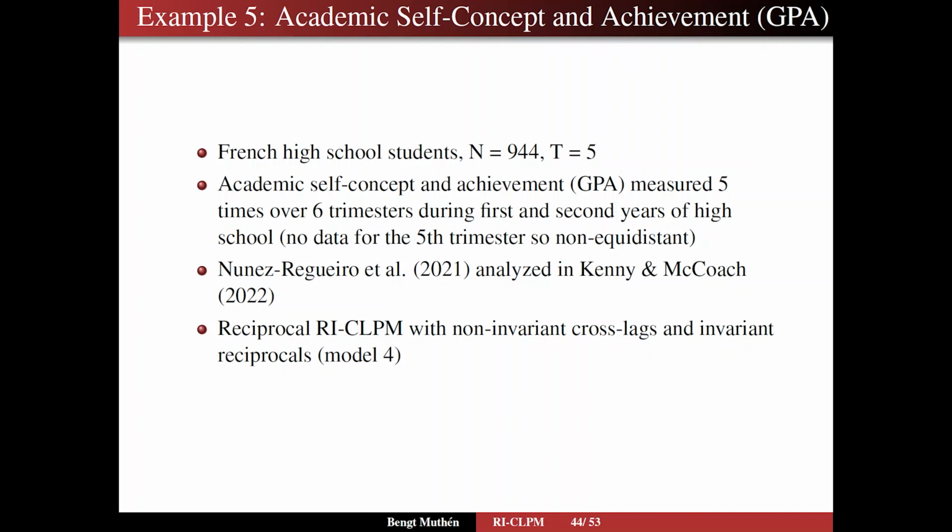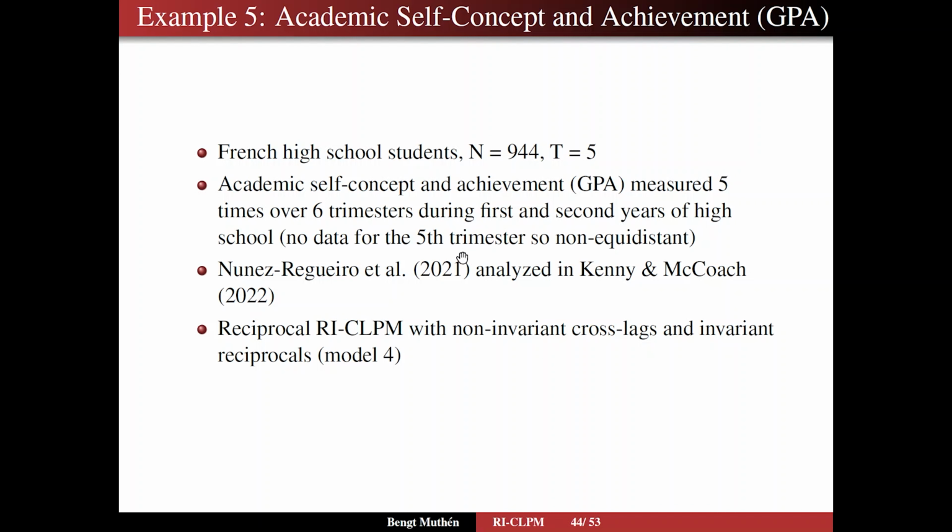Okay, the fifth and last example, academic self-concept and achievement measured by GPA, grade point average, and we'll call it the GPA data for short from now on. It has to do with French high school students, fairly large sample and a nice number of time points. It's measured 5 times over 6 trimesters during first and second years of high school.